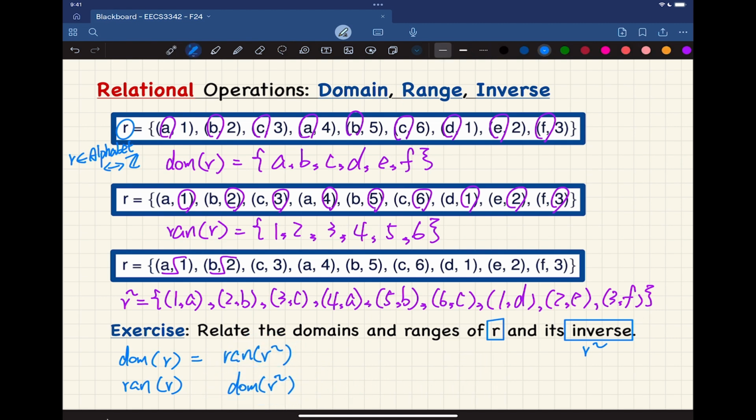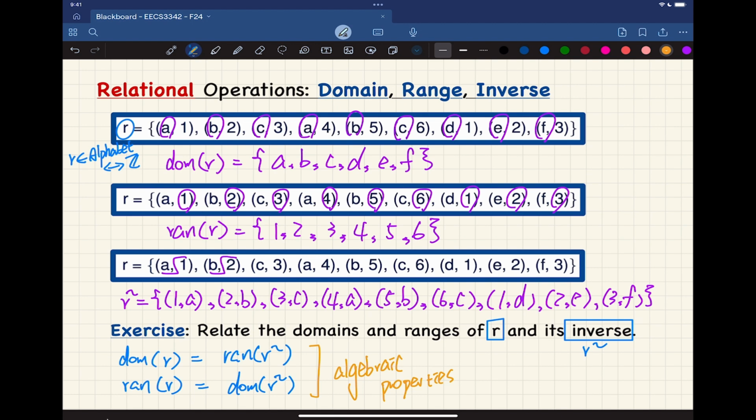And for the other one, you can try to convince yourself, right? Domain is range, range is domain. And we call these algebraic properties. And we'll see more. Algebraic properties really try to put several operators together so you can get some insight about how they work together. We'll see more. All right.